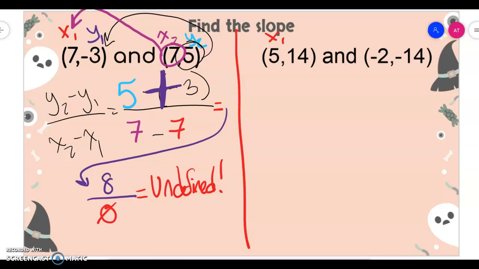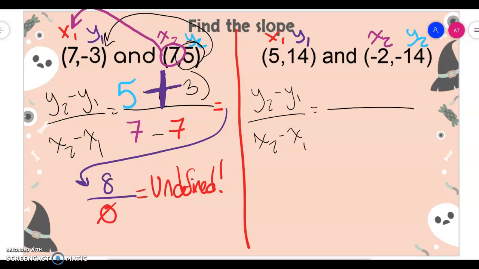x1, y1, x2, y2. We have y2 minus y1 over x2 minus x1. So I'm going to take this -14 and subtract it from a 14.